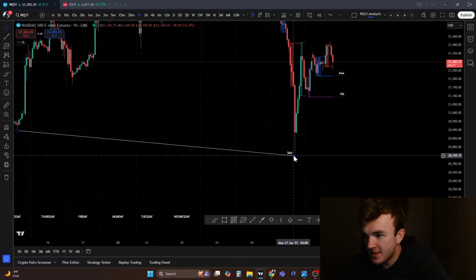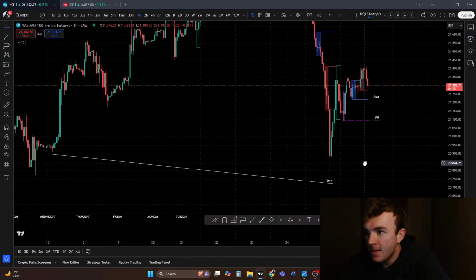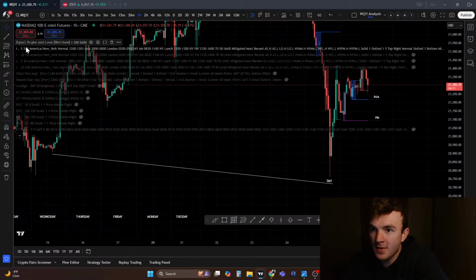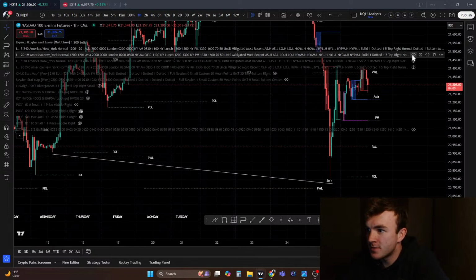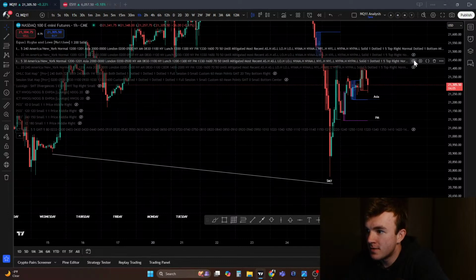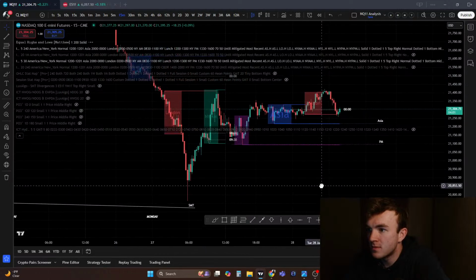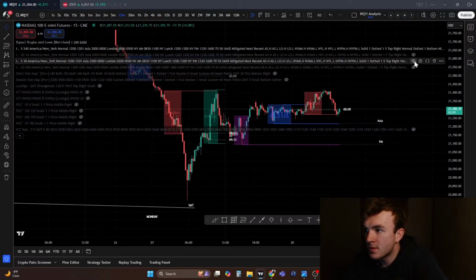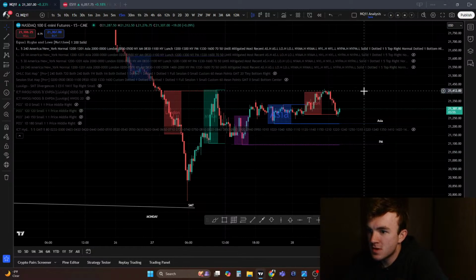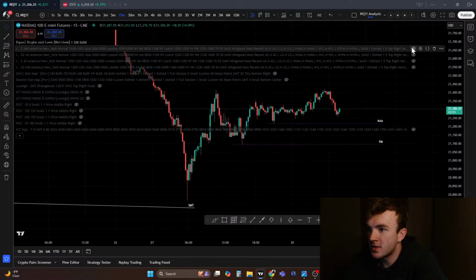So we get SMT, and then in the short term we have draws on liquidity below. So just keep that in mind. Okay, I think we're good on draws on liquidity.